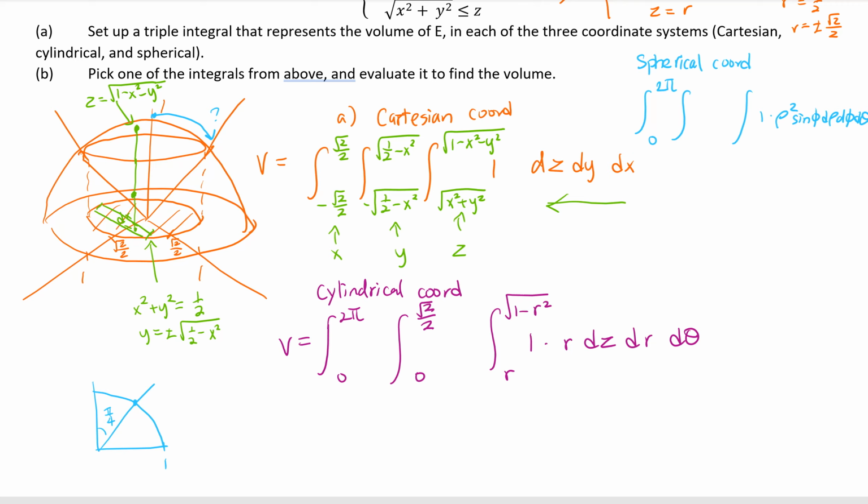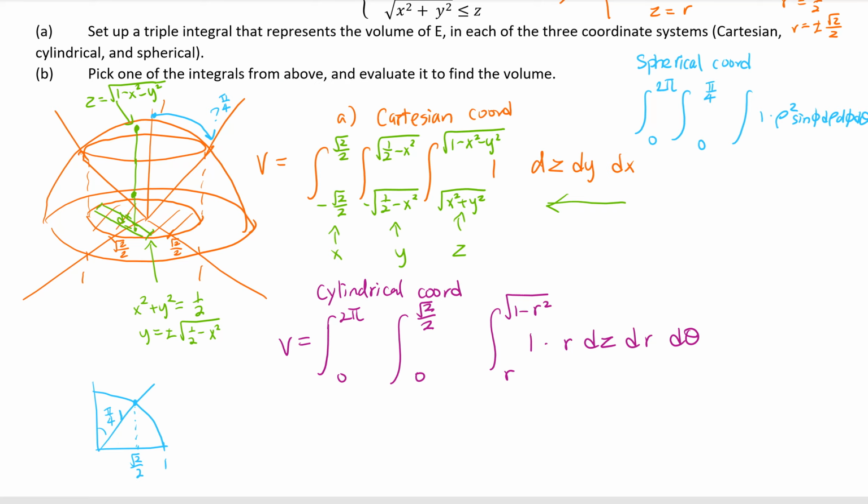And you can see that's why this length is root 2 over 2. And this is 1, and that's the angle. So the drop down angle is from 0 to pi over 4.